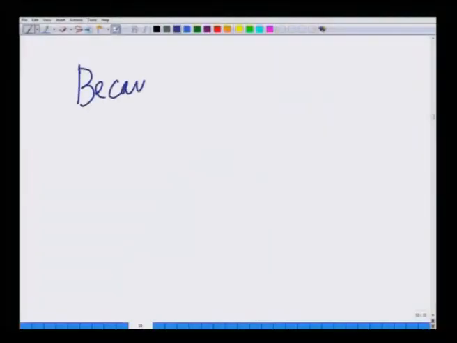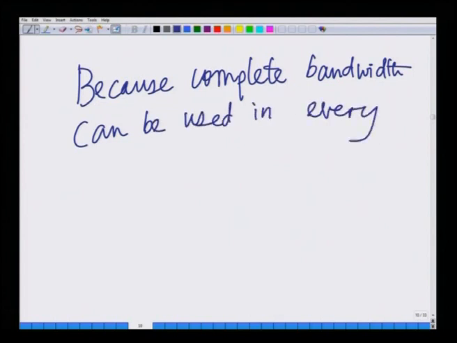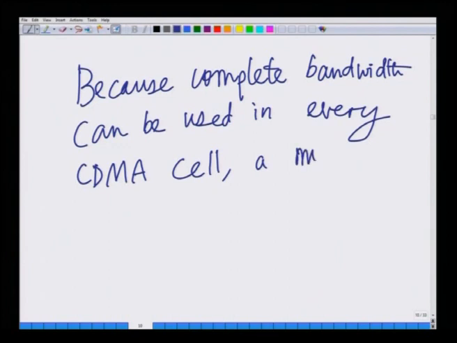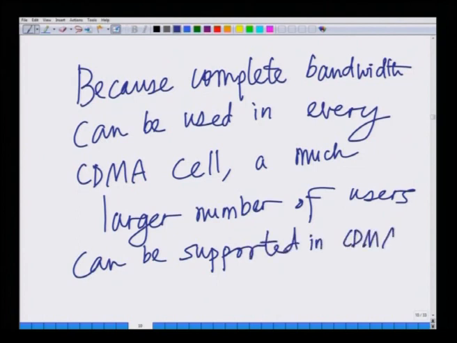Hence, because the complete bandwidth can be used in every CDMA cell, a much larger number of users can be supported in CDMA.